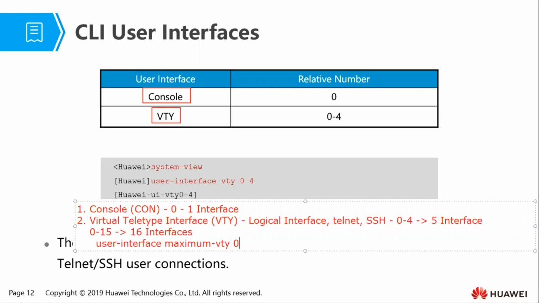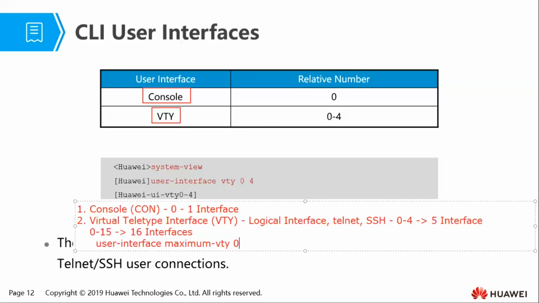When you configure this, you can only log into the switch or the router using the console interface. So you have to physically go and connect your network management system to the router or switch using a console cable or a USB cable. So it's important that you also remember that.